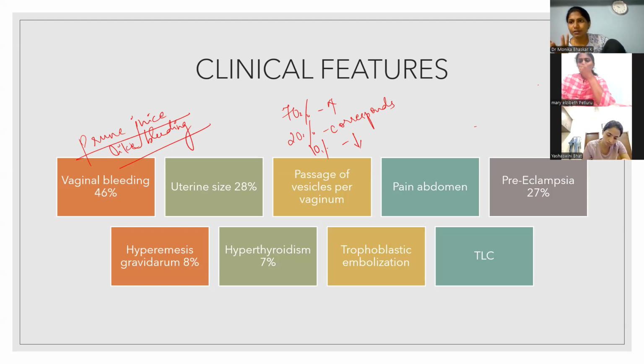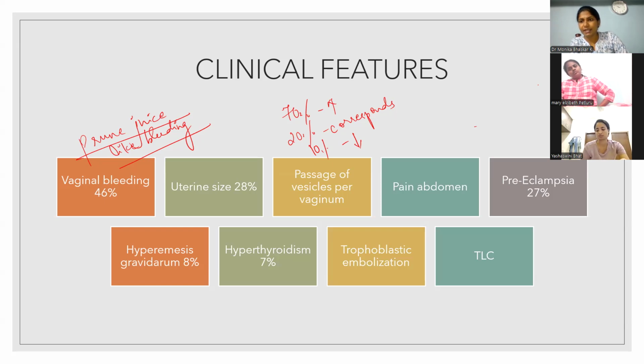Because you already know that the placental tissue secretes beta HCG, if there is increased beta HCG, there is the highest risk of development of preeclampsia and hyperemesis gravidarum. So if the BP readings are high in the first trimester in a previously normotensive woman, you have to suspect molar pregnancy because of the surplus amount of beta HCG.